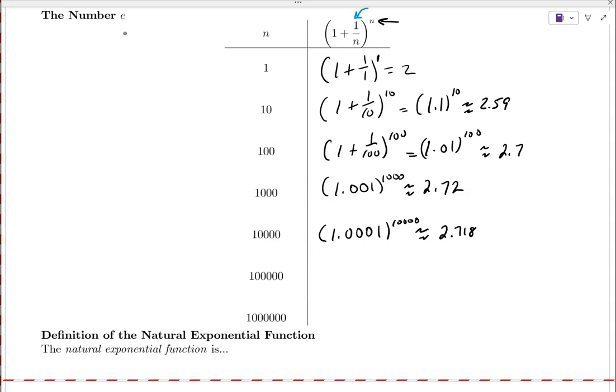1.1234 to the 100,000th. This next one should be about 2.71827.